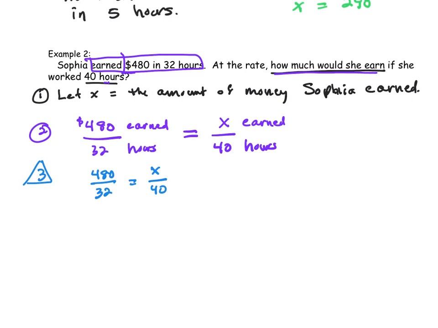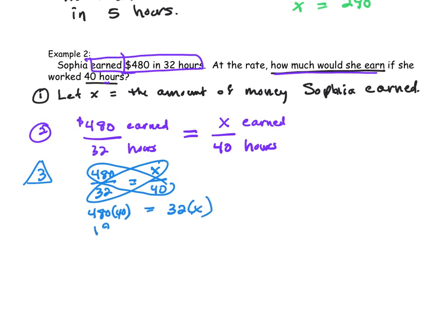I usually tend to start with this wing as a variable. However, I do want you to know that you could start either way. Some people like to go top left to bottom right. So let's pause and take 480 times 40. We're allowed to do this either way. And then my other wing would be 32 times x.